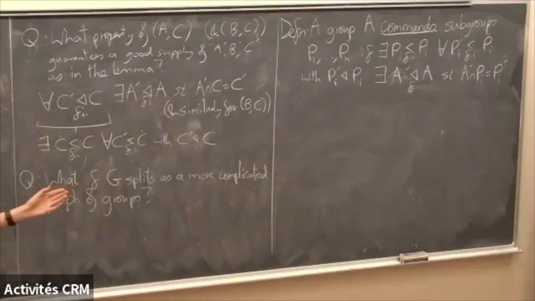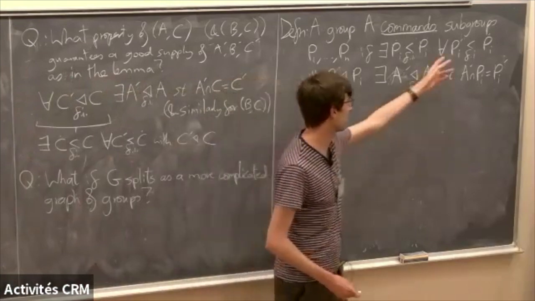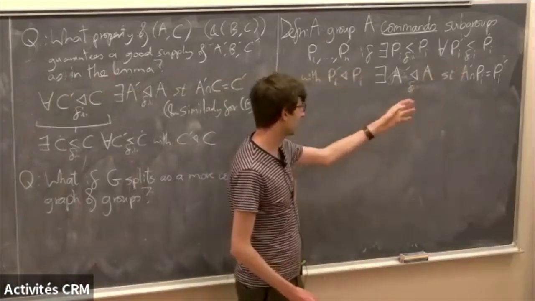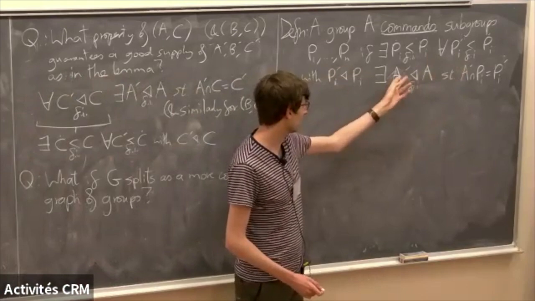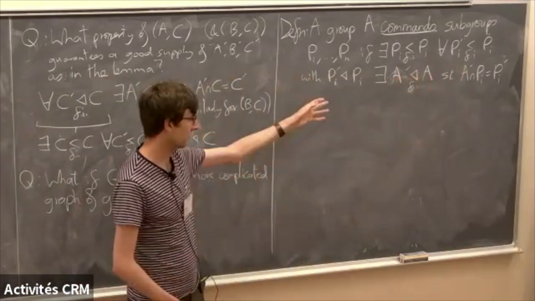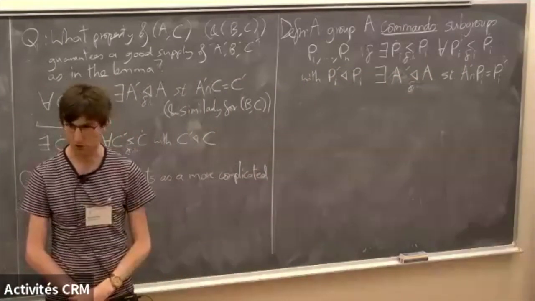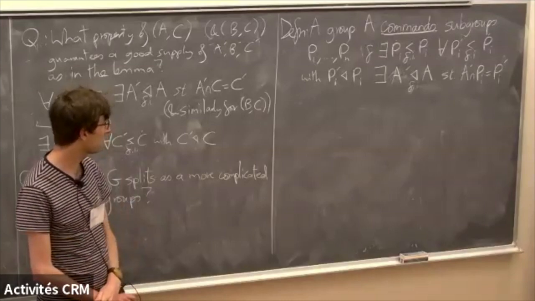Okay, so this is really the same condition as I was writing here, but instead of a single subgroup C, we now have a collection of subgroups P1 up to Pn. And we can independently choose these Pi primes, and we get this single A prime finite index normal in the whole of A that has the desired intersections on each of these Pi.